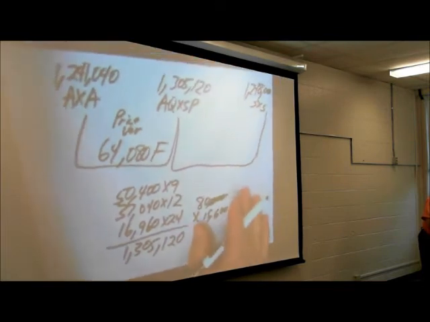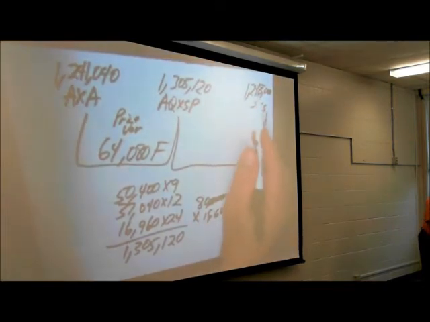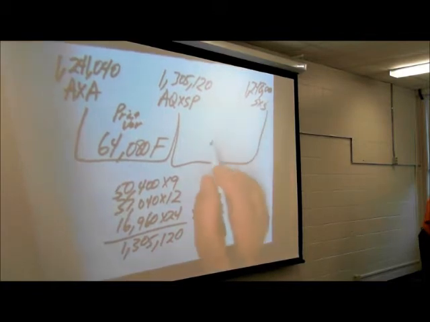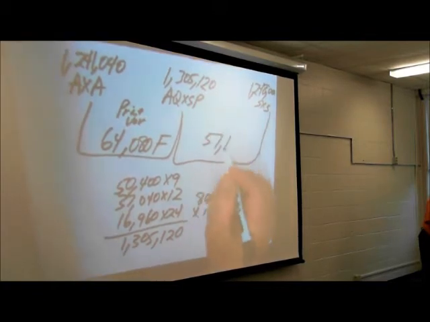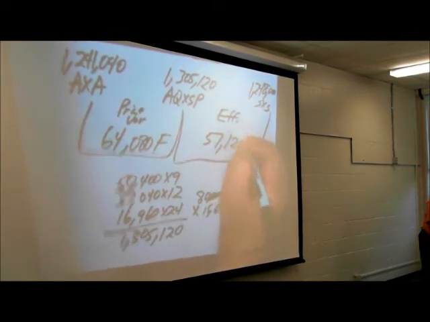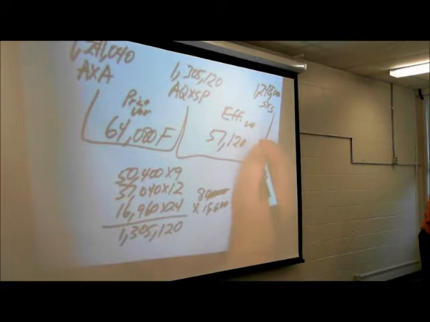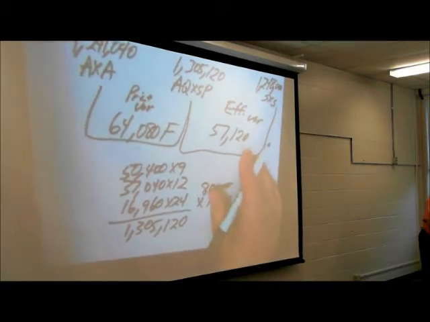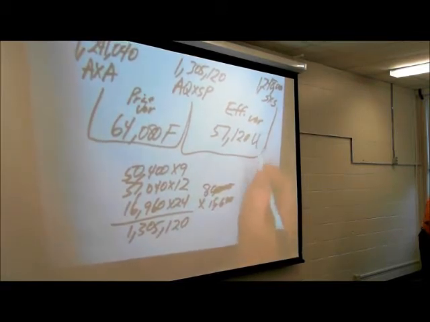And over here, 57,120. That's our efficiency variance, or usage. Is this favorable or unfavorable? Unfavorable.